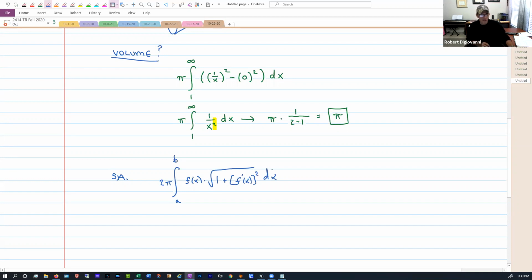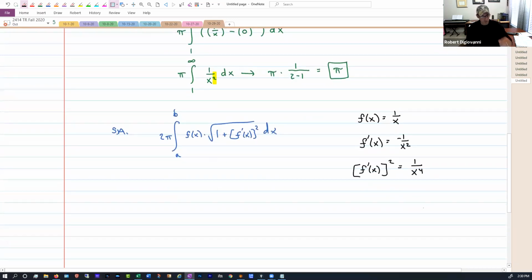So I need the derivative of the function. Let me do that on the side here. f of x is 1 over x. The derivative of that is negative 1 over x squared. I hope you can all do that, right? I take that derivative and I square it, which just gives me 1 over x to the 4th.